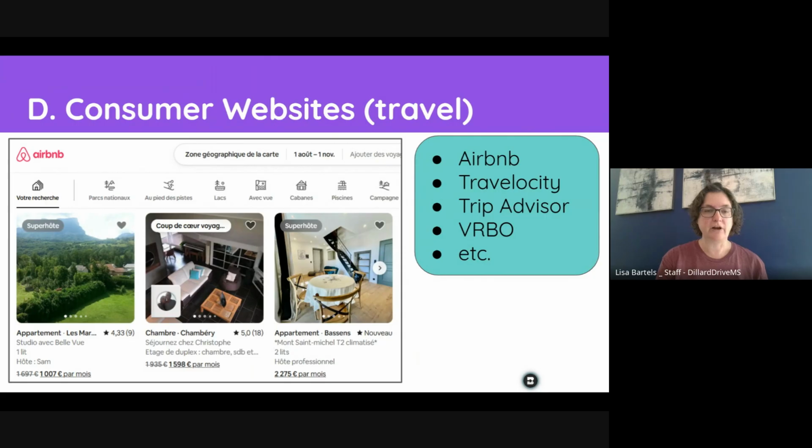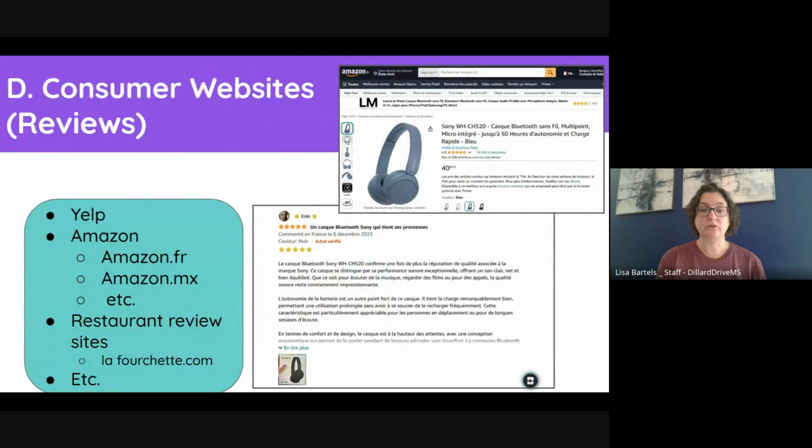Here's one for Airbnb where people wrote descriptions of different vacation homes, and so the kids can look at this in the target language, click on it and get details about the apartment, about how many bedrooms it has, what kind of furniture it has, the address where it's located, and the price. And then they can also read the reviews.